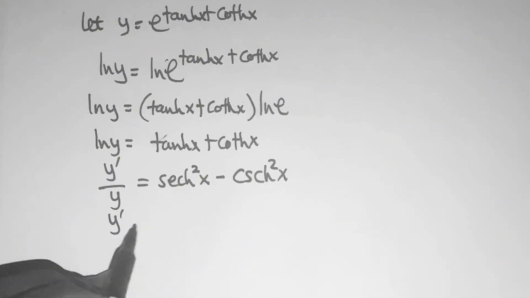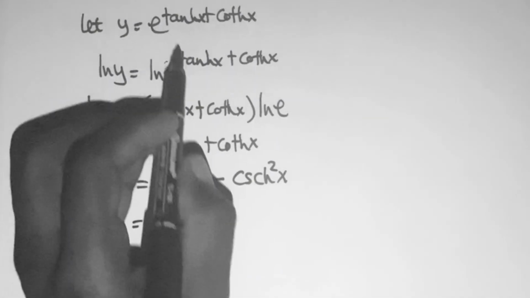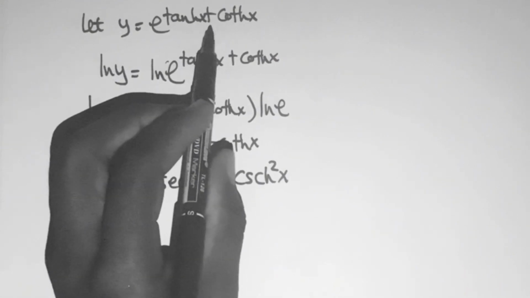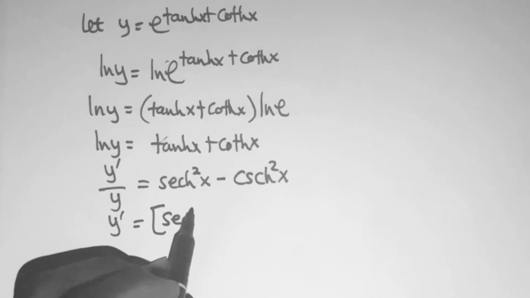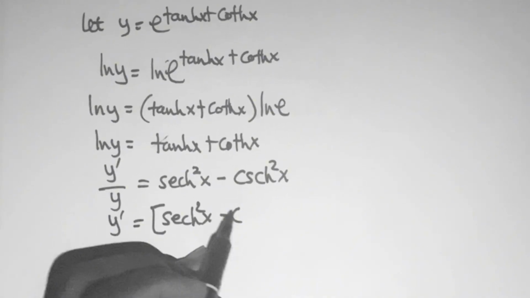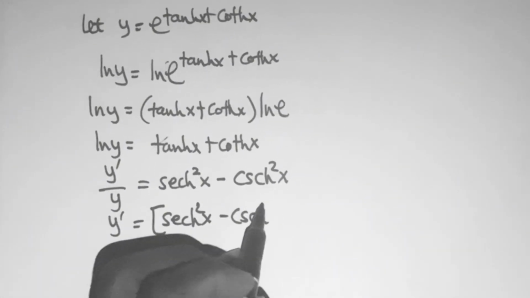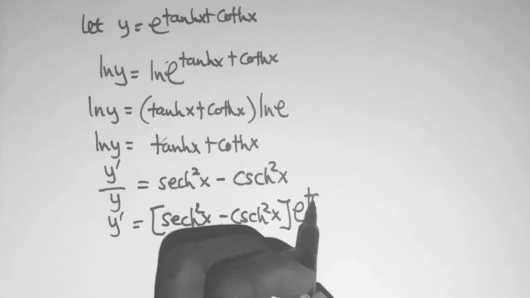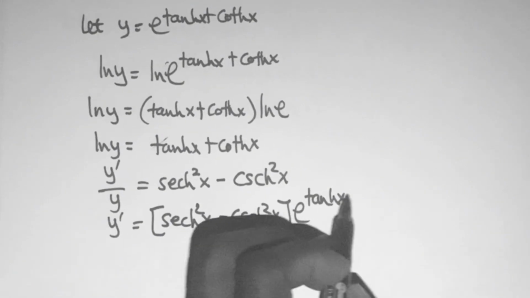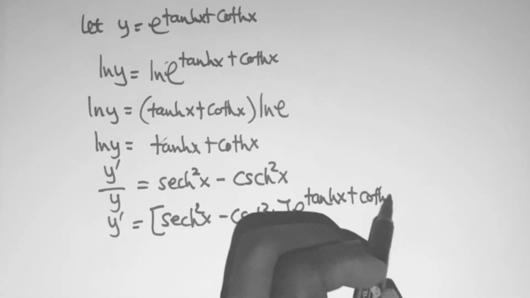So y prime is equal to y, and y is e to the power of tanh x plus coth x. So in bracket, sech squared x minus cosech squared x, times e to the power of tanh x plus coth x.